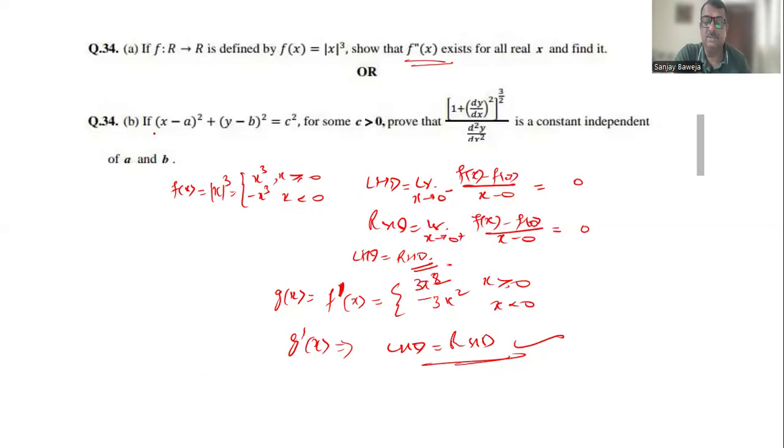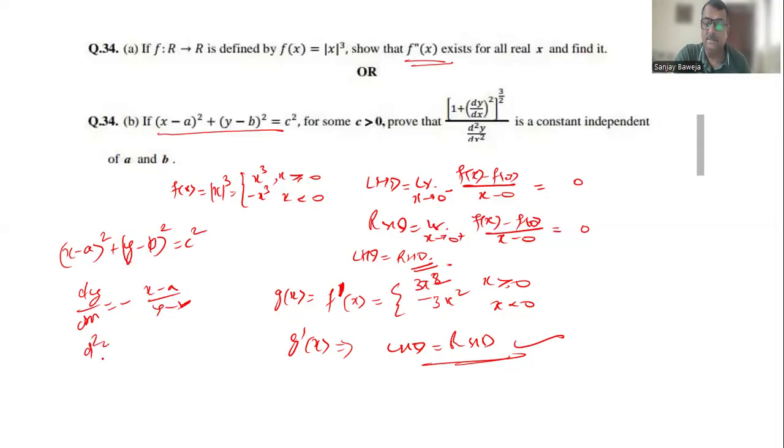Second part of this question is from NCERT, miscellaneous exercise. So I don't think there is any problem. You will find out the values of dy by dx and d2y upon dx square from this equation: (x minus a) whole square plus (y minus b) whole square is equal to c square. You find out dy by dx from this, which is equal to negative of (x minus a) upon (y minus b), right?